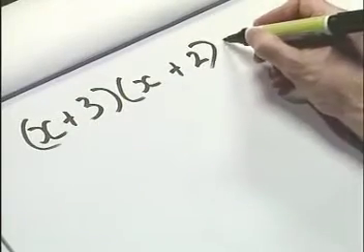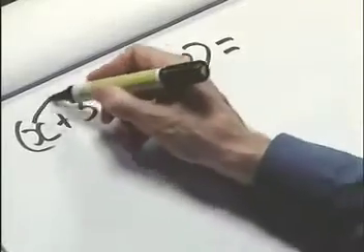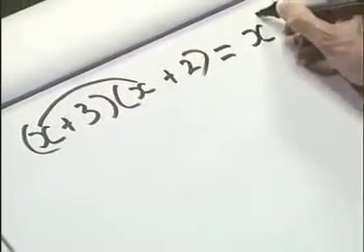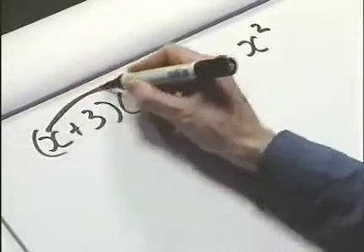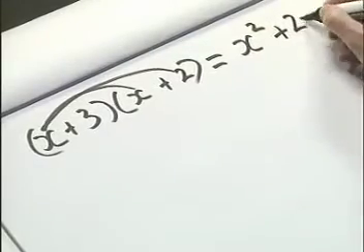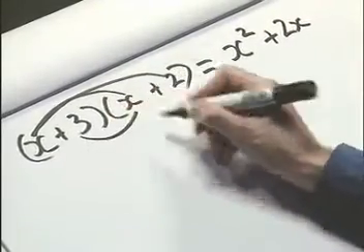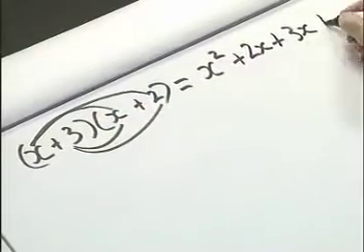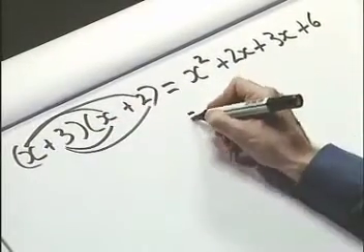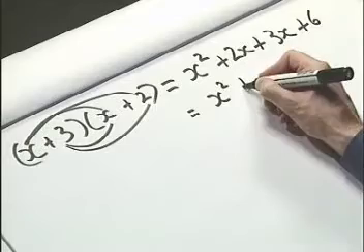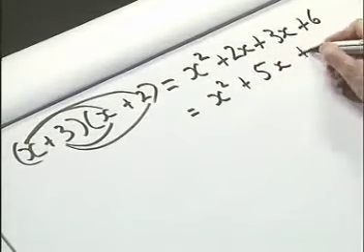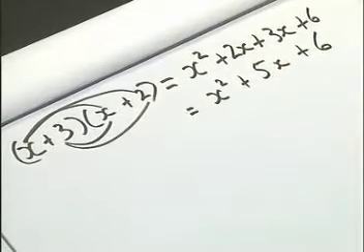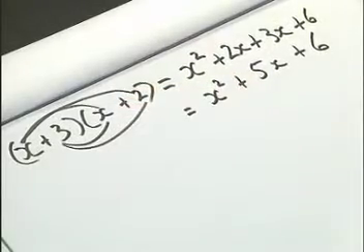And again, we'll multiply out the brackets. x times by x is x squared. x times by 2 is 2x. 3 times by x is 3x. 3 times by 2 is 6. And this simplifies to x squared plus 5x plus 6. So we've gone one way. What happens if we want to go back the other way?